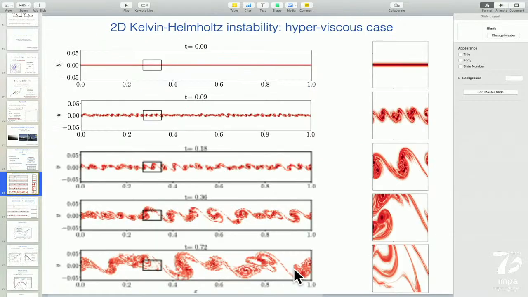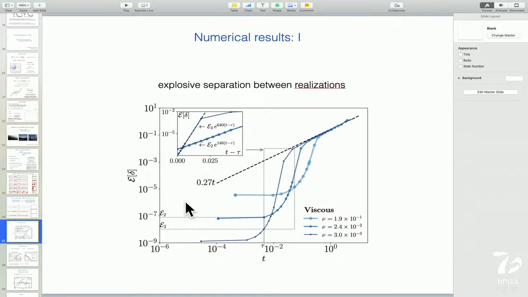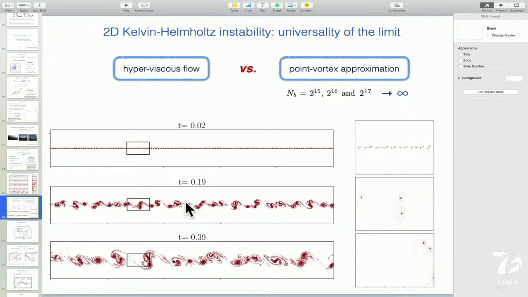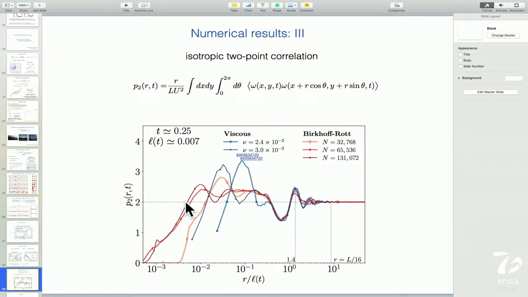At small scale it's different, but from a larger view it looks the same. And this can be quantified. Essentially, I'll only show this picture. This picture shows a two-point correlation.